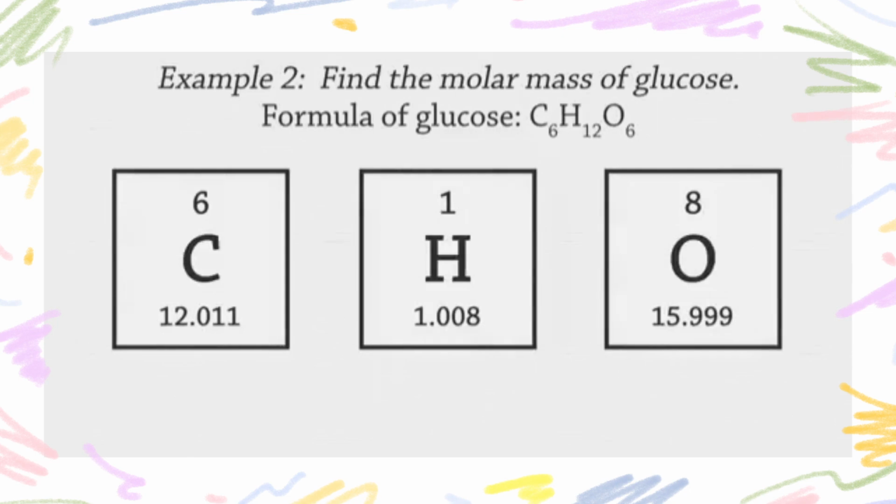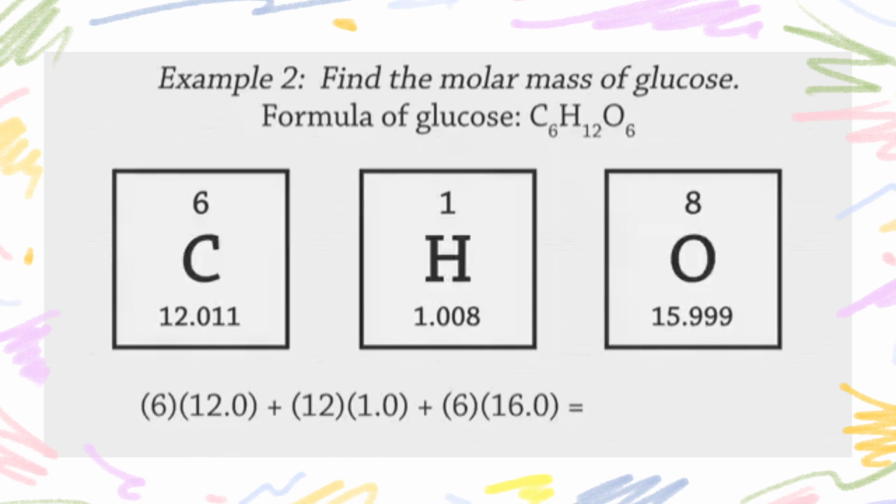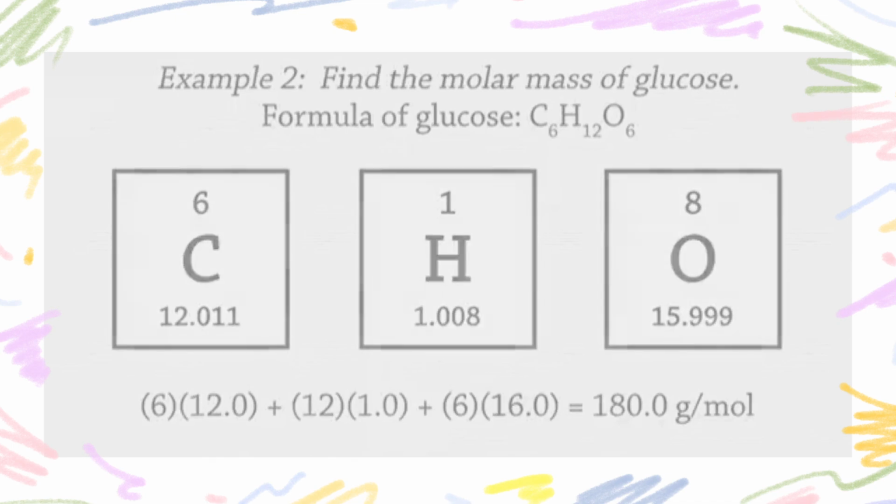Multiply by the number of each atom like so. 6 times 12.0 plus 12 times 1.0 plus 6 times 16.0 equals 180.0 grams per mole. That's the molar mass of glucose, or you may hear it called the gram molecular mass.